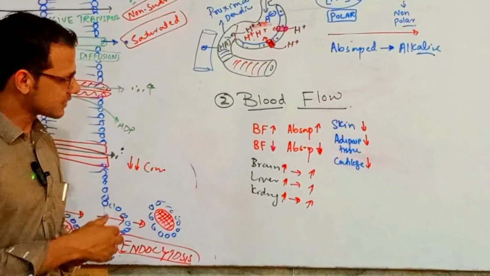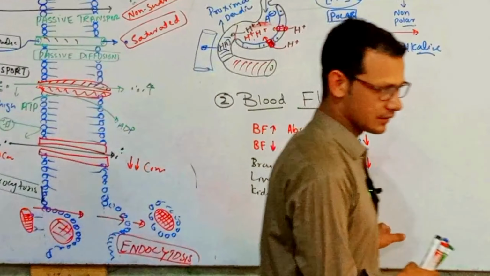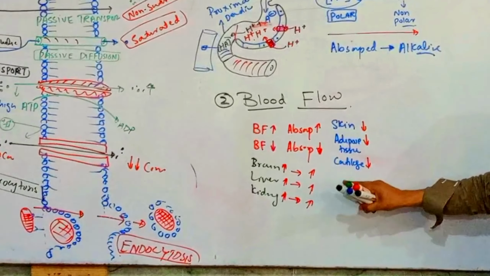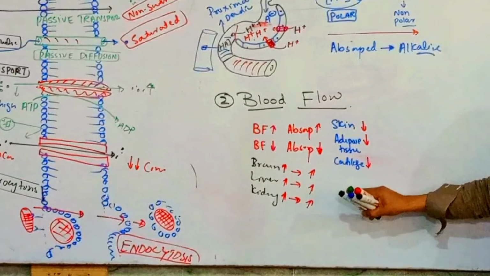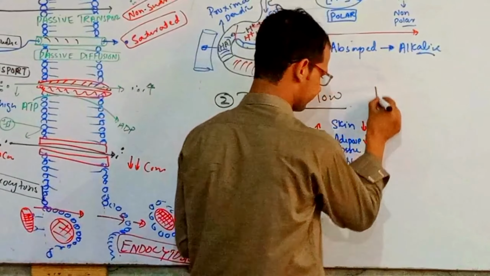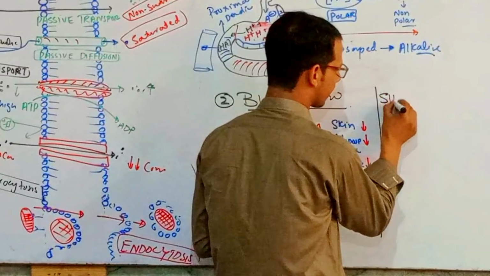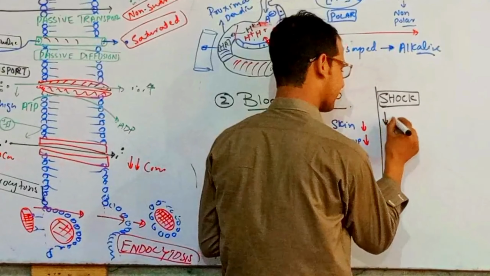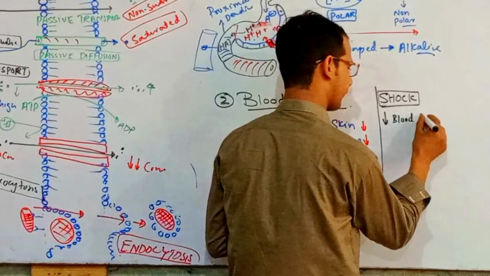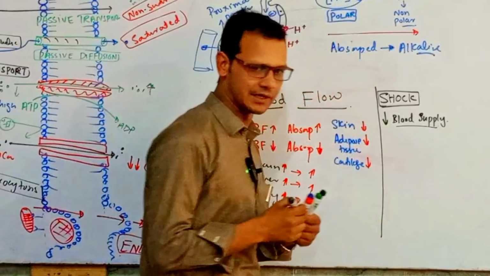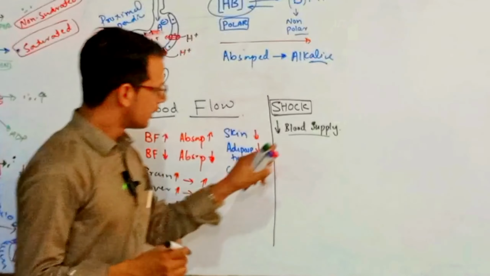For example, a patient is in shock. Listen to this very carefully. What is shock? Low blood supply, a disturbance between demand and supply.